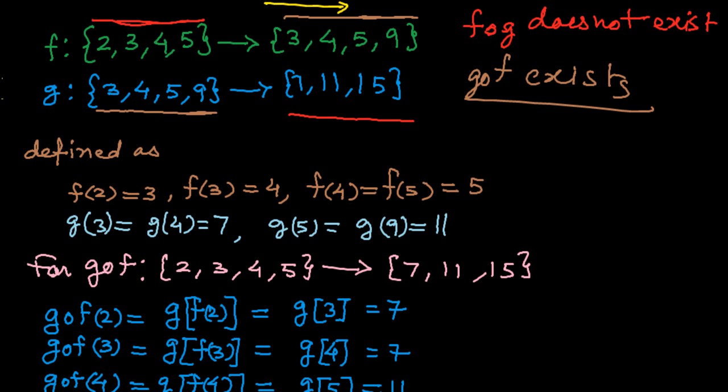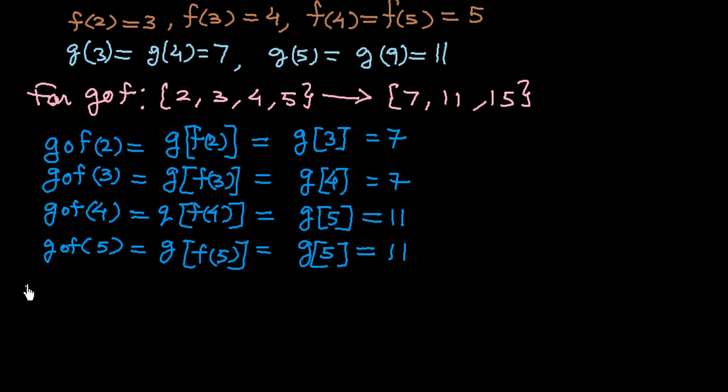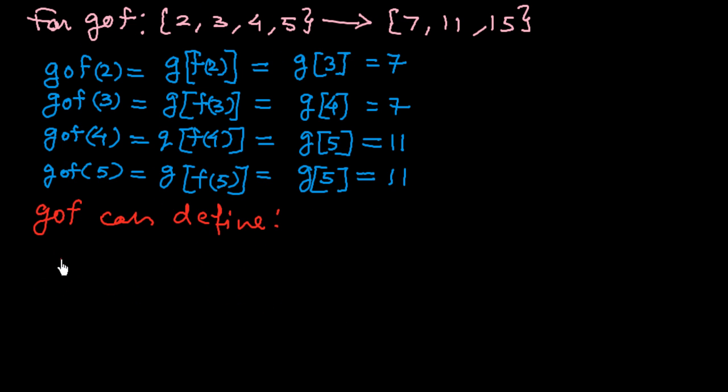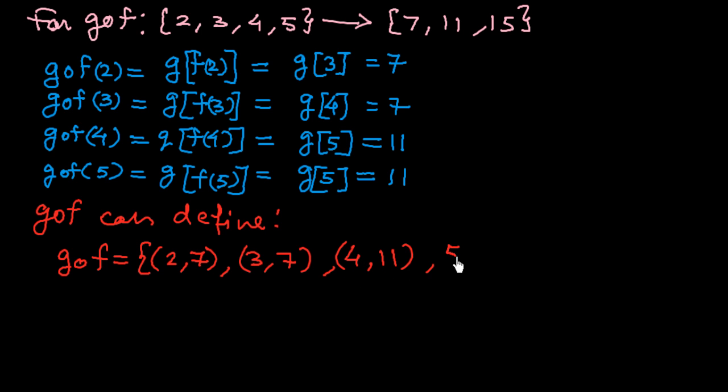Now we define this function g of f by writing the pairs: (2, 7), (3, 7), (4, 11), (5, 11).